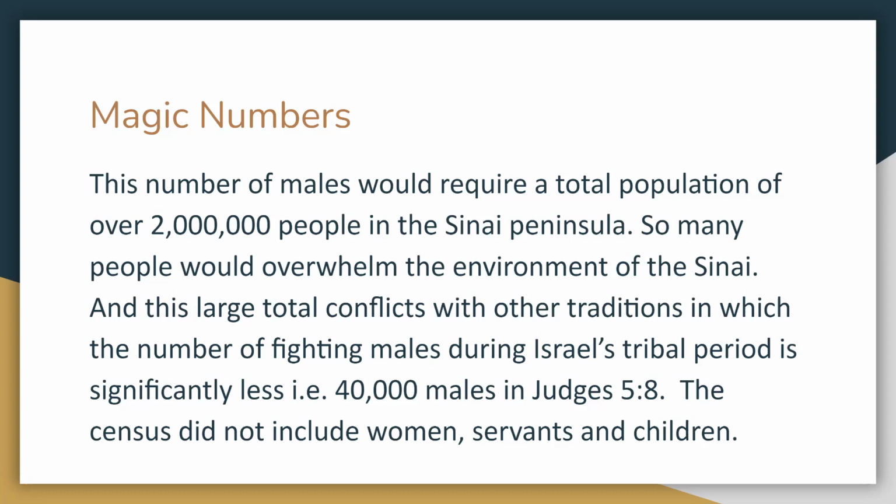It is listed as around 40,000 males able to go to war in the book of Judges, chapter 5. The census, again, does not include women, servants, and children, but we are basing this total number of people on the counting that was taken of the male population plus families.